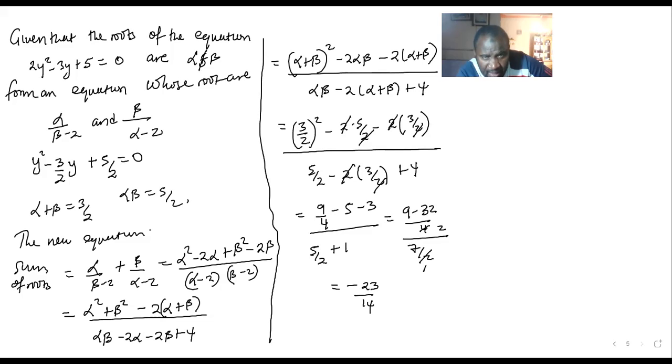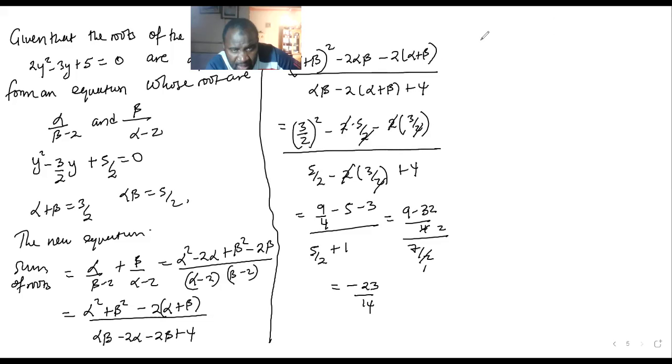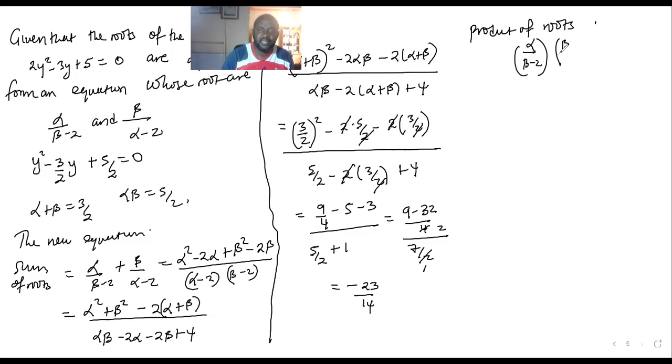That is the sum. How about the product? The product of the roots is alpha over beta minus 2 times beta over alpha minus 2. This gives me alpha beta over the lower expansion, which we have already done, alpha beta minus 2 times alpha plus beta plus 4.